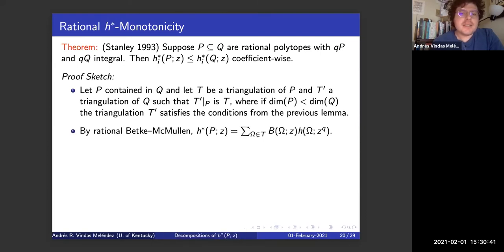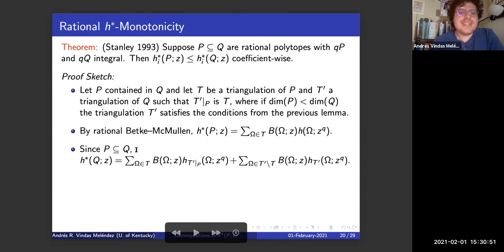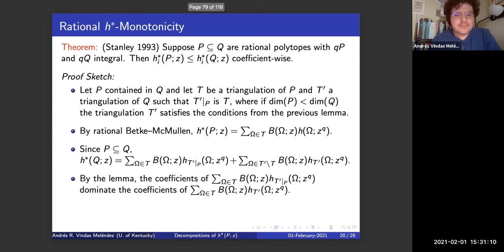By the rational Betke-McMullen decomposition, I can write the H-star polynomial of P like this, okay? Since P is contained in Q, I can write the H-star polynomial of Q as separate stuff: the stuff that matters with T, when it's restricted to just T, and then the stuff ignoring T, okay? Nothing crazy happening there.